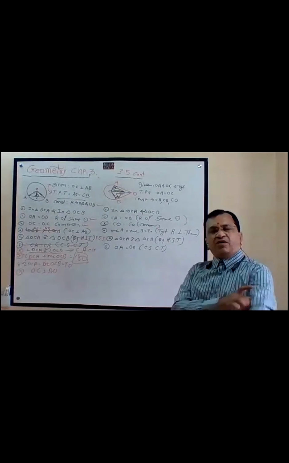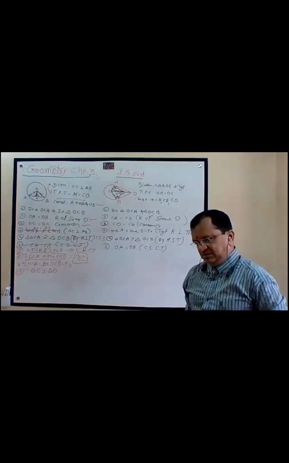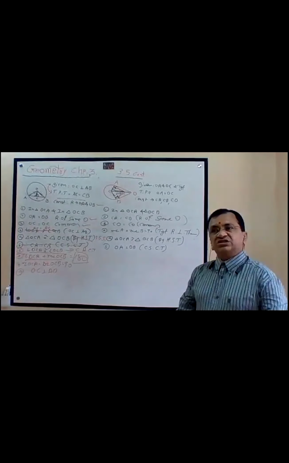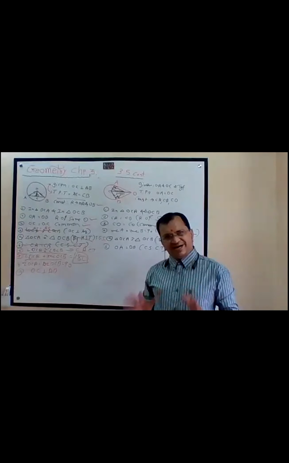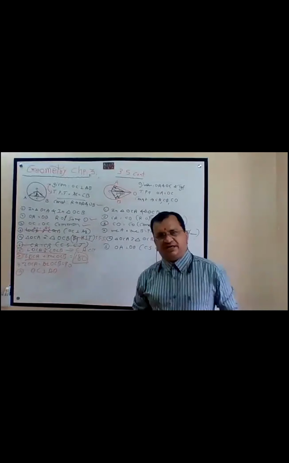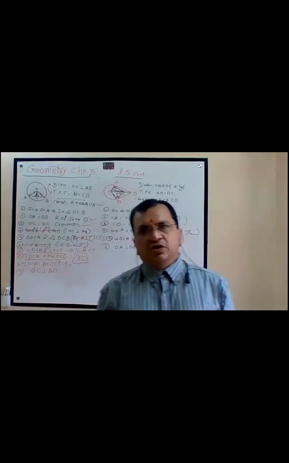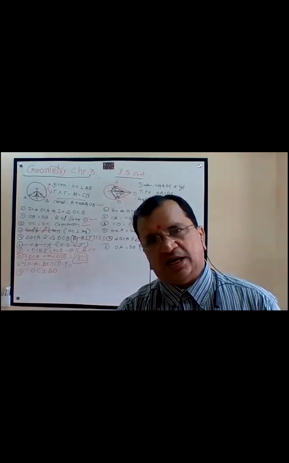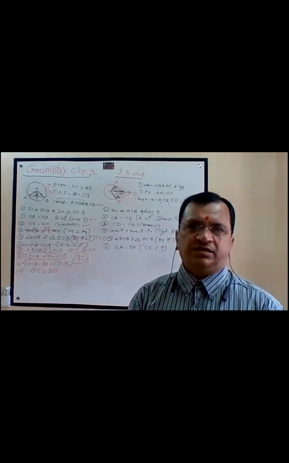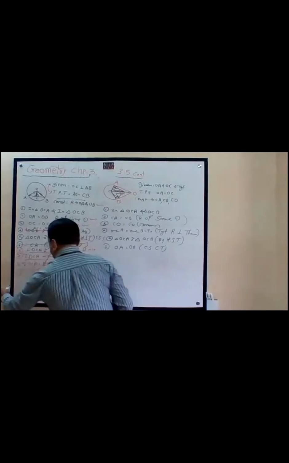The next very important theorem is the cyclic quadrilateral. A quadrilateral is said to be cyclic when all 4 points of the quadrilateral are on a circle. Then it is said to be cyclic.